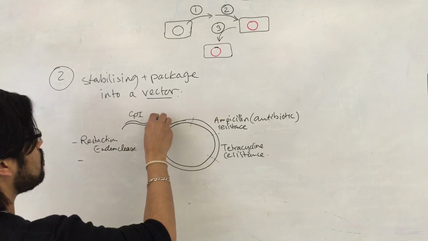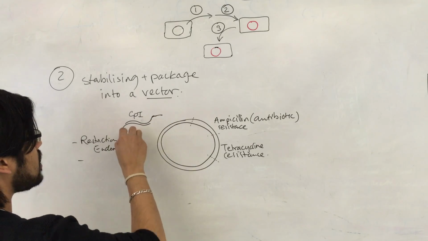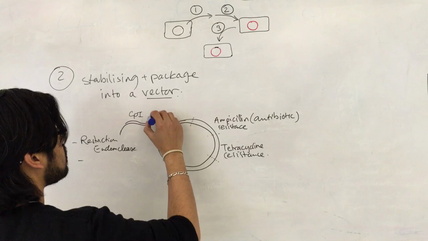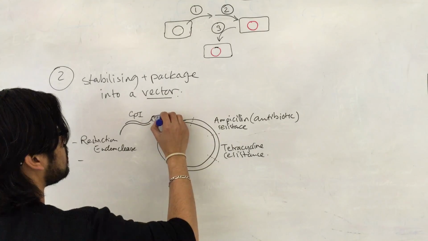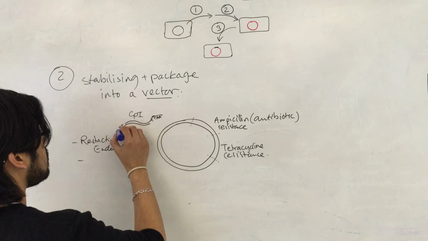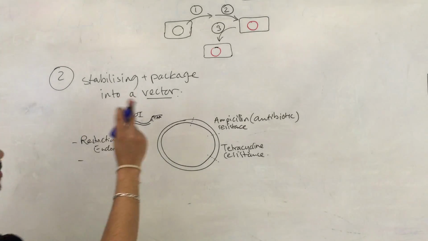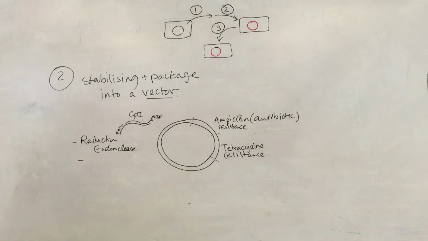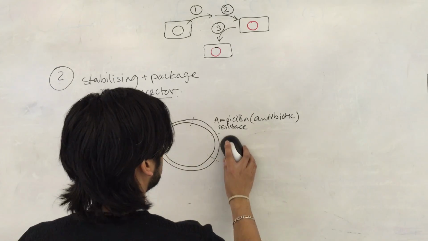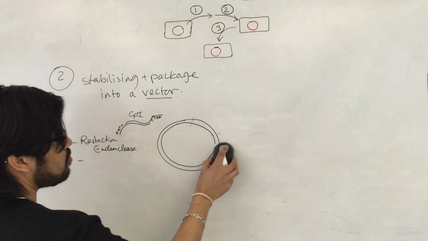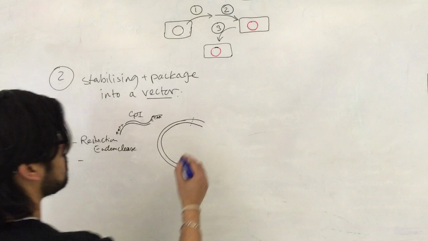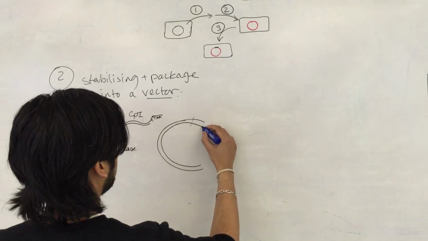So remember, in our example, what we've been using so far is EcoRI, and that produces the sticky end TTAA. And on this side again, TTAA. So if we cut this plasmid with restriction endonuclease, we are going to generate sticky ends.